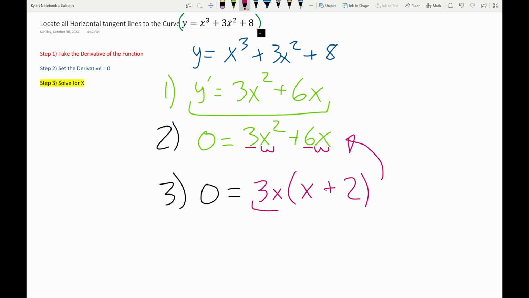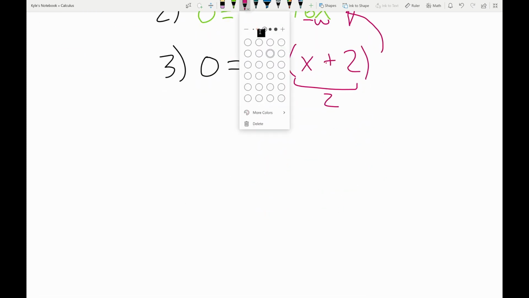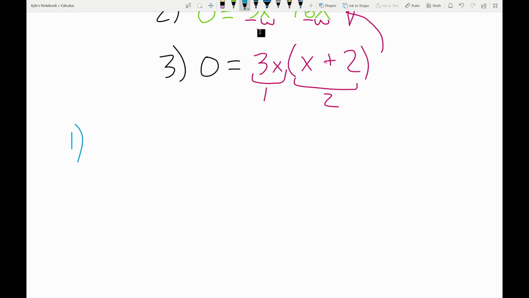So now I'm going to take each of these terms and I'm going to set them equal to 0. I'm going to call this term 1, term 2, and I'm going to do a different color for each one of them. So 1 is going to be here, and that's really just going to be 3x equals 0.